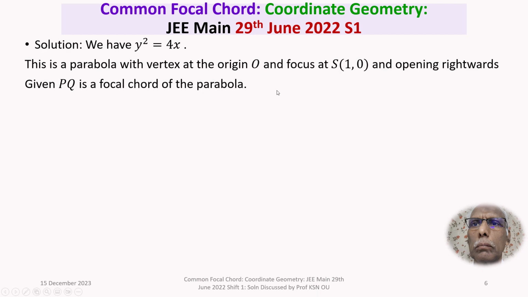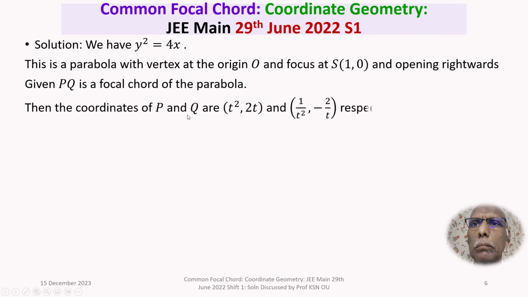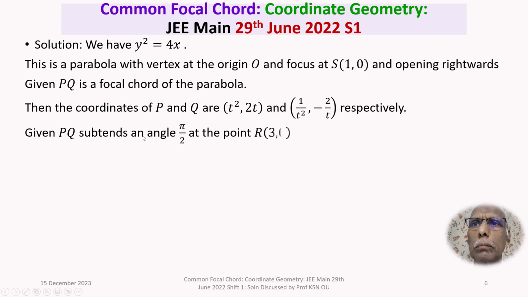It's a focal chord, so the coordinates of P and Q we take in parametric form, and the coordinates of P and Q are (t square, 2t) and (1 by t square, minus 2 by t). Agreed?